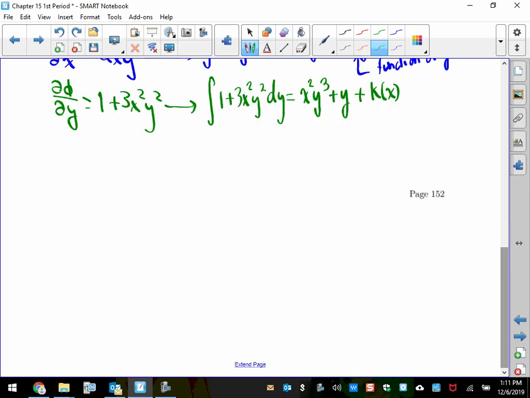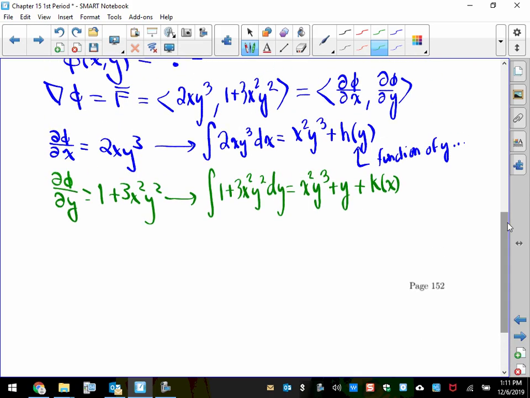So here, if I take the partial of one of these with respect to the other variable, then these partial functions are going to disappear. So let's take the partial derivative of this function with respect to x, say. We're looking at phi here. So this is phi, and this is phi. So we can basically compare these two to recognize what we're close to.